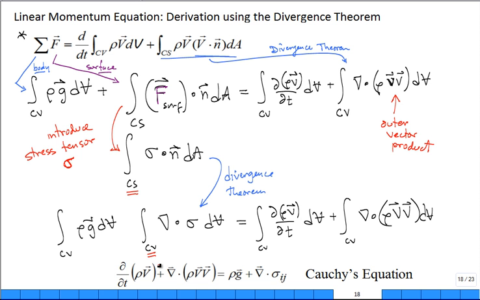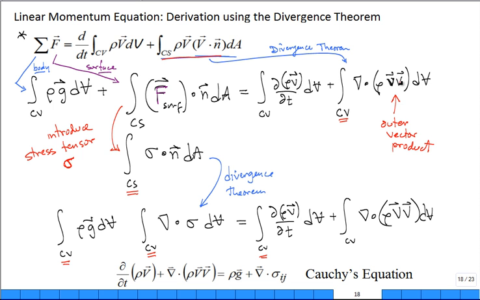Use Gauss's divergence theorem. This was already a control volume integration for the body force term. This is already a control volume integration for the traditional acceleration, and we used Gauss's divergence theorem for the advective acceleration term right here to turn that into a control volume.